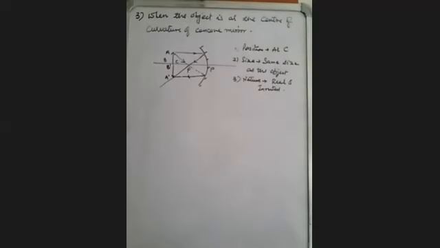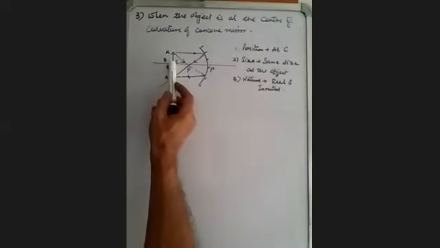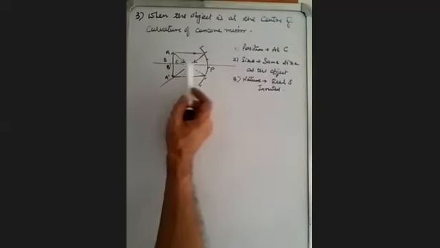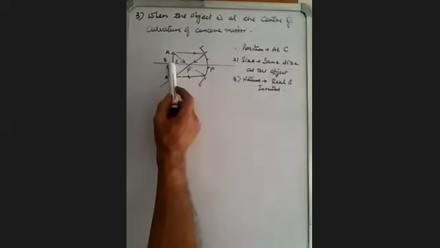Okay, the other case, where the object is between the center of curvature and the principal focus. So what we are doing is bringing the object closer to the surface of the mirror. We had brought it at C, center of curvature.